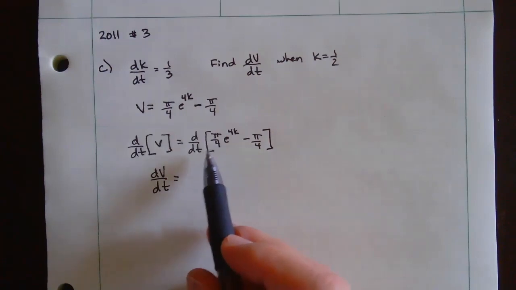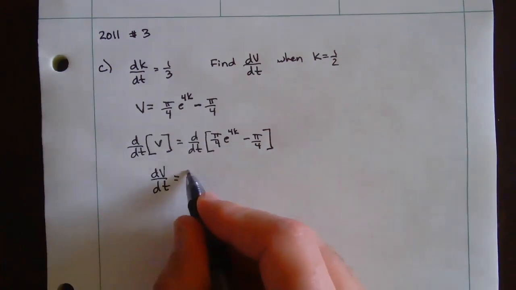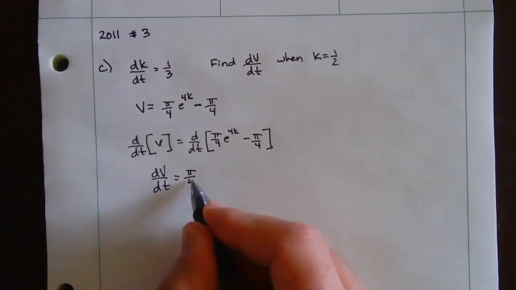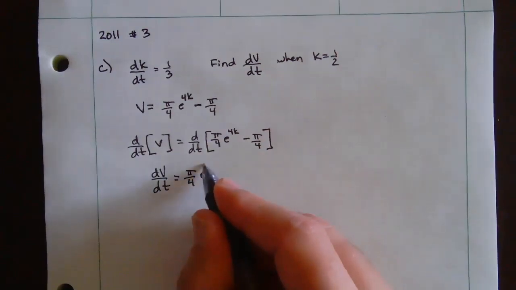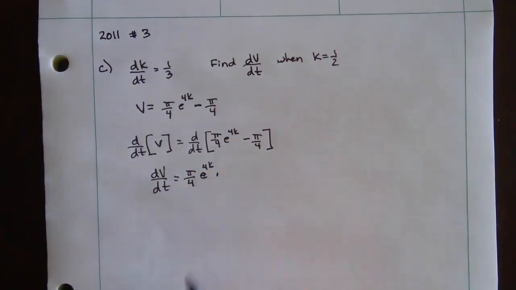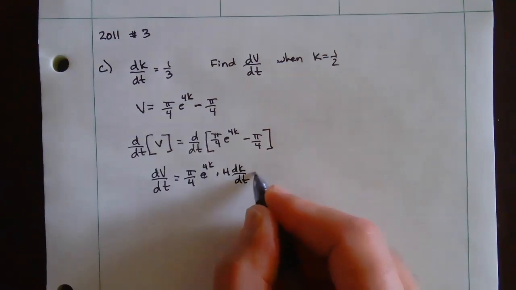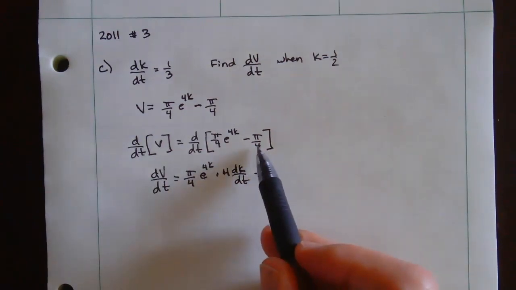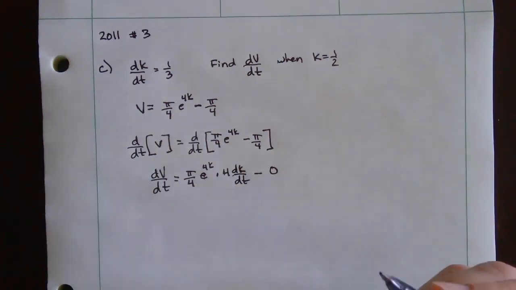The derivative with respect to time of pi over 4 e to the 4k, well, this is a constant, so that'd be pi over 4, and the derivative of e to the 4k would be e to the 4k times the derivative of 4k, which would be 4 dk over dt. Minus, this is a constant, so the derivative of that would just be 0. So I wouldn't really need that, right?